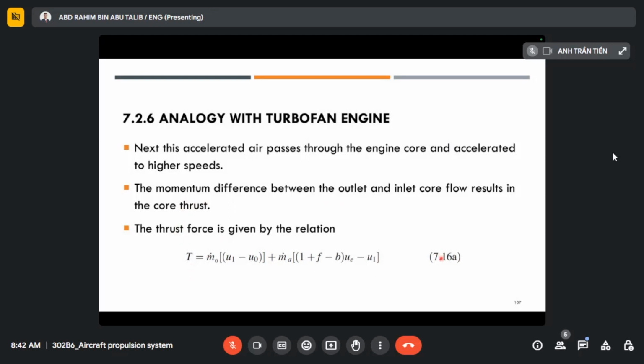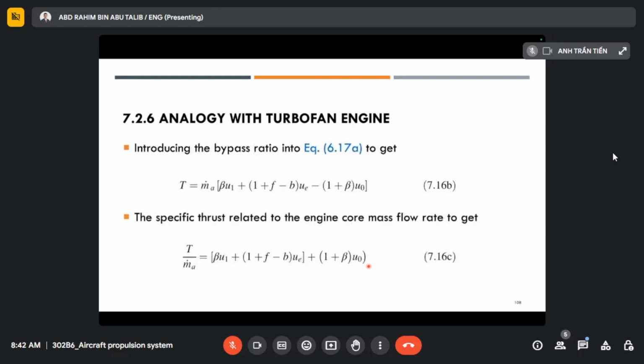You have this expression 716A, where you have the component of the velocity between U1 and U0, and then you have the component of the fuel air ratio and the bleed air, and between the exit velocity and the U1 velocity.